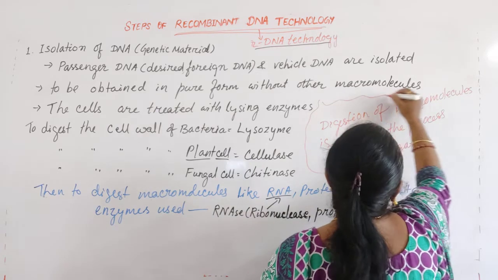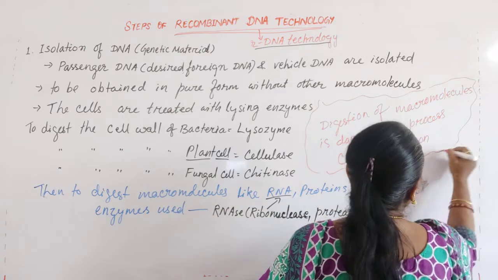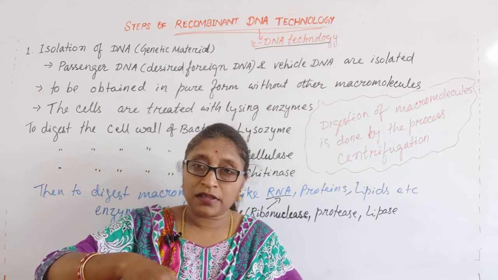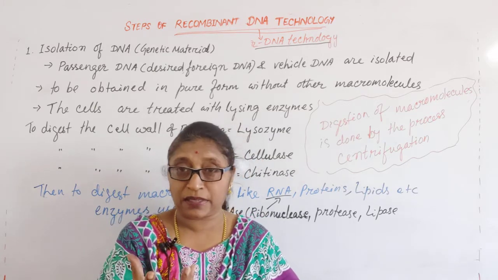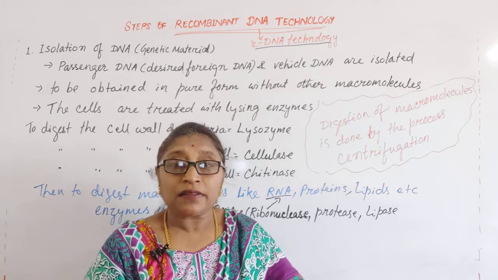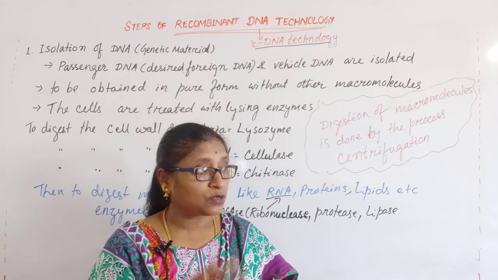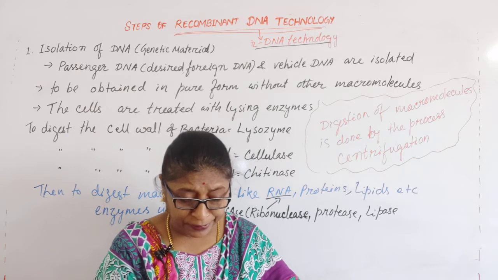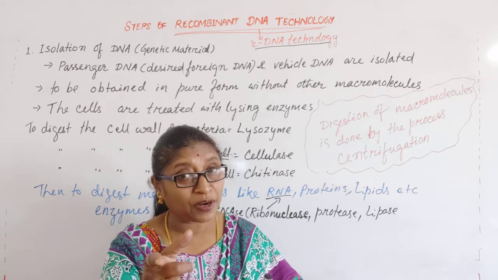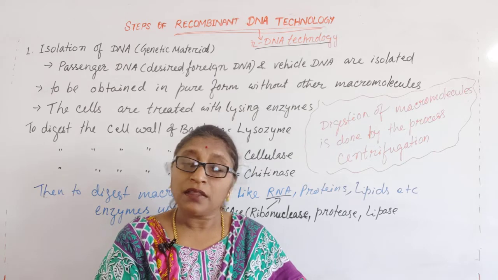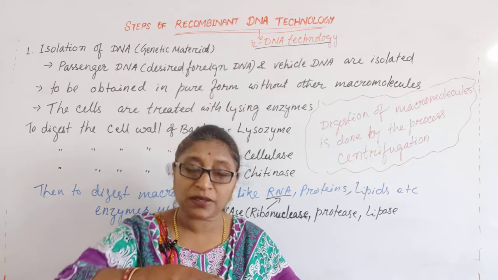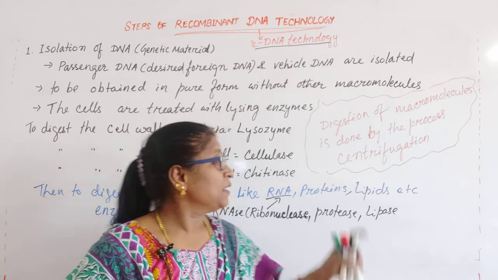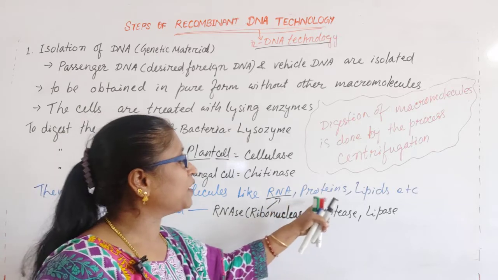What is centrifugation? Like the churning of milk, the churning of curd or cream gives you butter. Similarly, when you churn, what is digested remains in the liquid, like buttermilk, and the solid particles which are left out come out like the butter. The liquid is the supernatant. So this is how macromolecules are digested one after another.